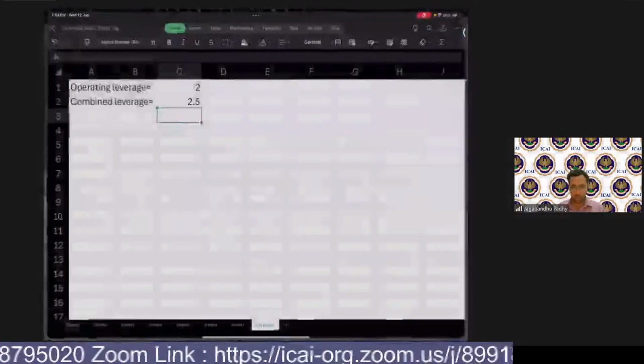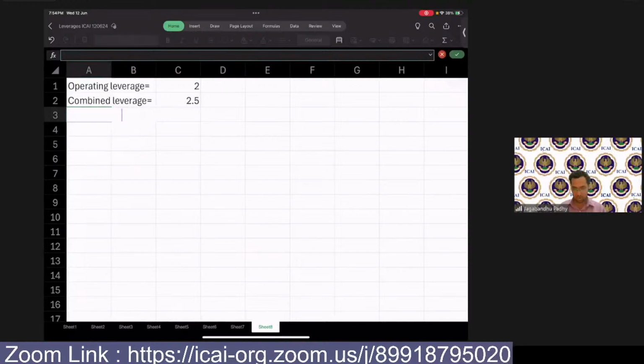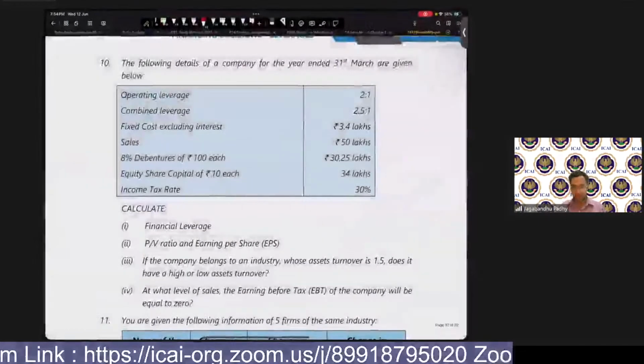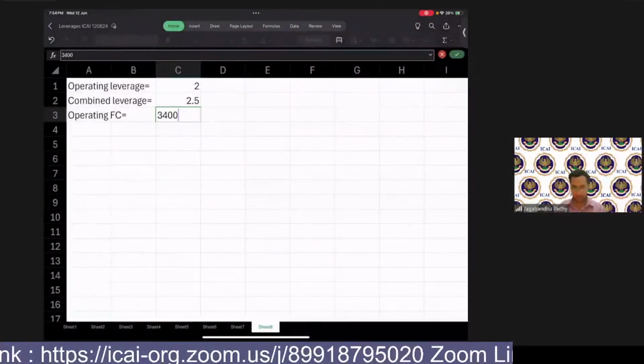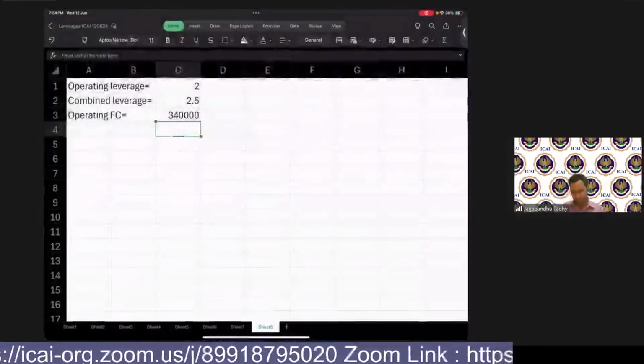Then fixed cost excluding interest, or you can say the operating fixed cost, is 3.4 lakh.